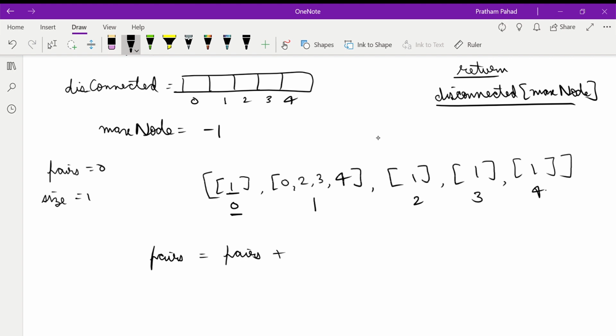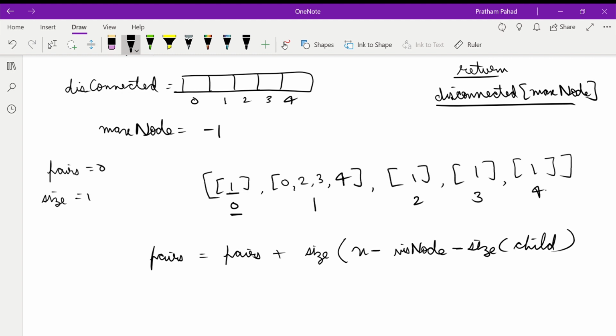So pairs plus total size minus the number of disconnected pairs will be updated using this only. So disconnected pairs will be size into our total n minus visited nodes minus size of child. This will give us pairs.